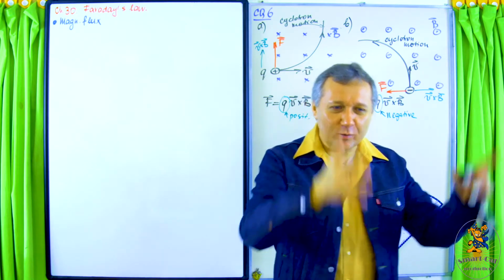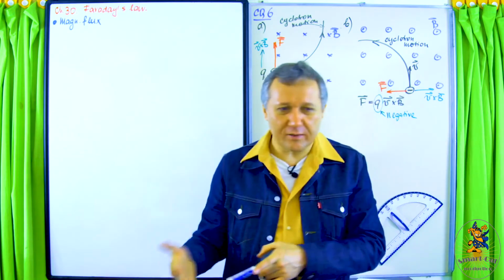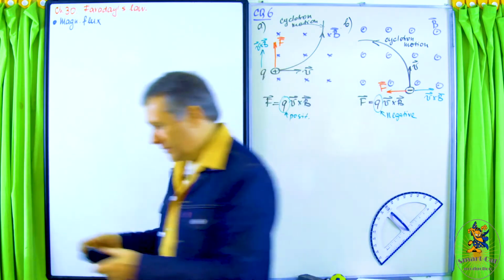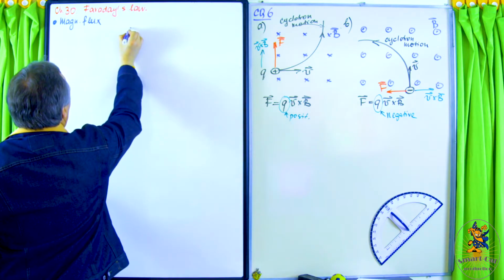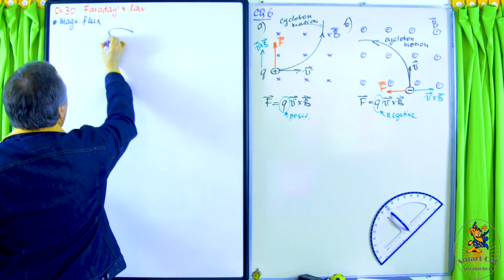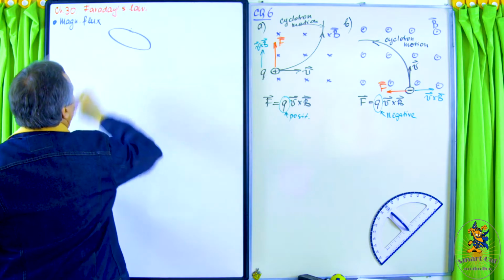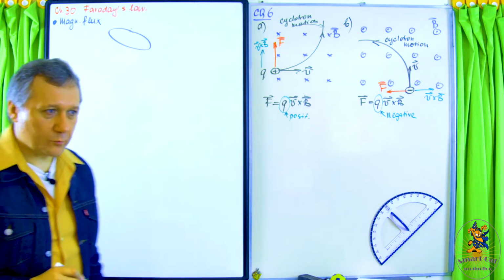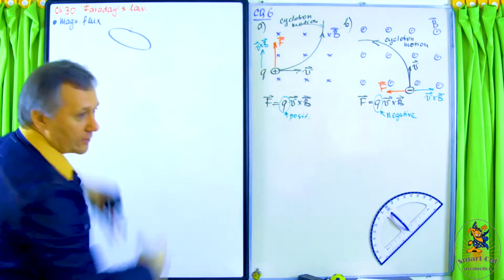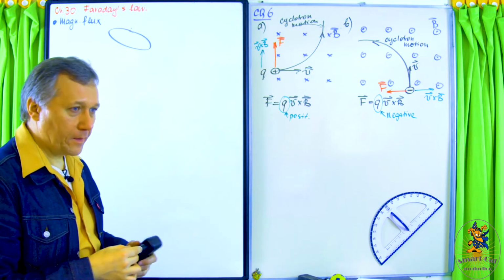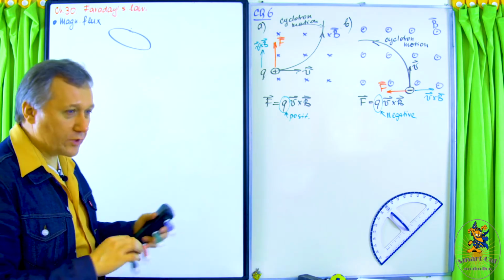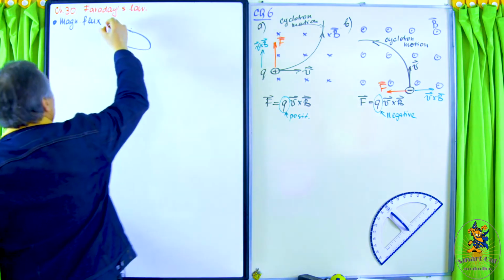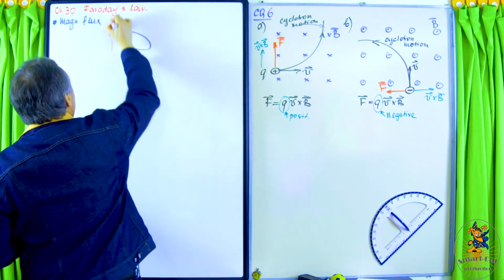You just need to replace the word electric field with the magnetic field. That's it. Okay, so let's imagine I have some area, some loop. I tilted it. And as I just told you, it must be exposed to some magnetic field. Okay, let me draw a few magnetic field lines.